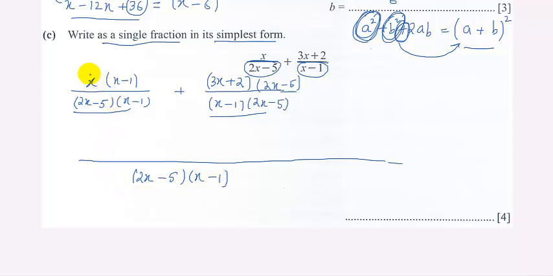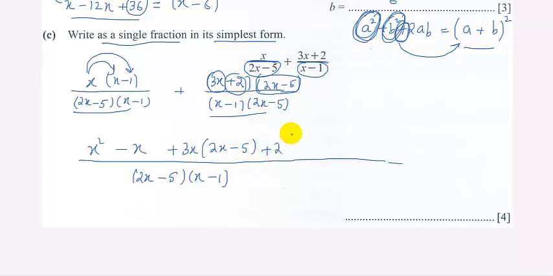So now I will expand this x square and multiply with this minus x, and here I will multiply 3x with this whole, which is 2x minus 5, and then I will multiply plus 2 again with this whole, 2x minus 5.